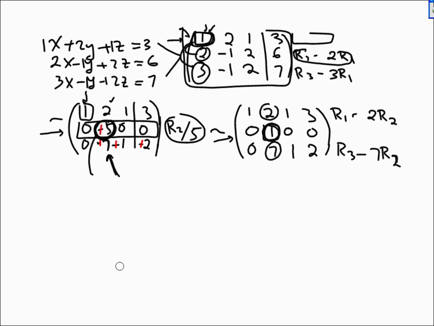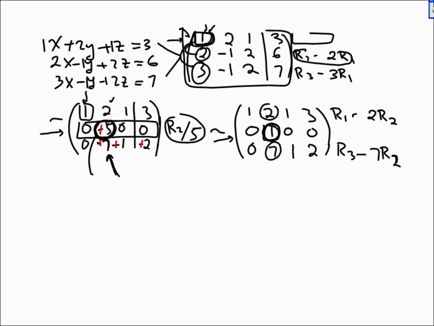You'd have to multiply row 1 all across by some number, I think it was 5. To change row 3, you would have had to multiply row 3 by 5. It was 5 row 3s minus 7 row 2s. To change row 1, it was 5 times row 1 minus 2 times row 2.